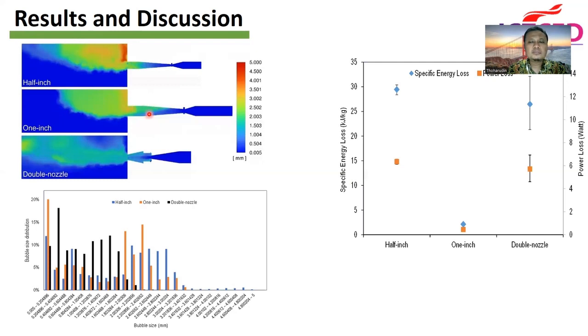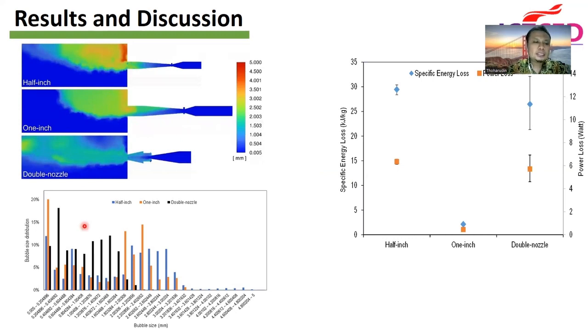Maybe it is a special issue that can be investigated further regarding the 1-inch Venturi bubble generator. Even though the flow is not so fast, the bubble size generated is very small, comparable with the half-inch Venturi bubble generator.